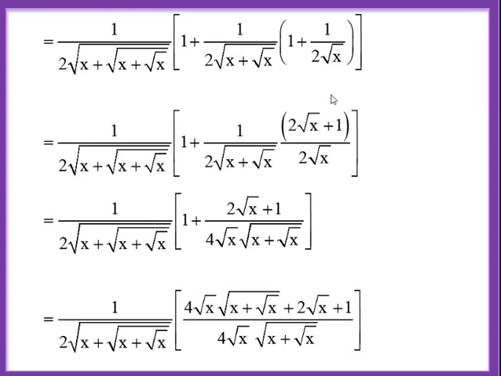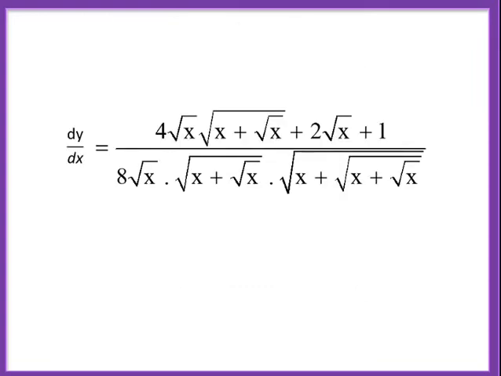You have to find the LCM and so on. So again, I'll give you a few seconds. Just go through all the steps. So finally, dy/dx comes out to be this.